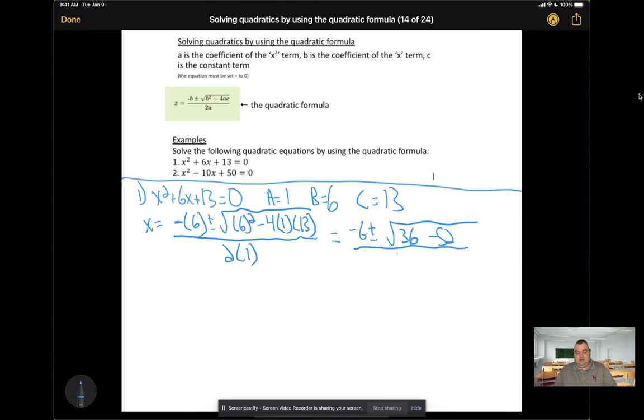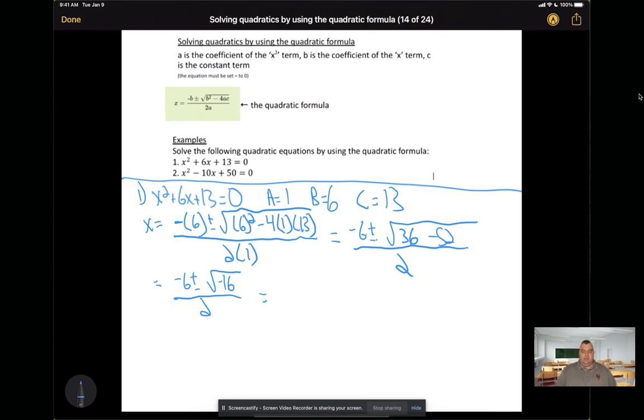Divided by 2 times 1. Let's keep going. So negative 6 plus and minus the square root. Under the square root, I have 36 minus 52. So that's the square root of negative 16 divided by 2.